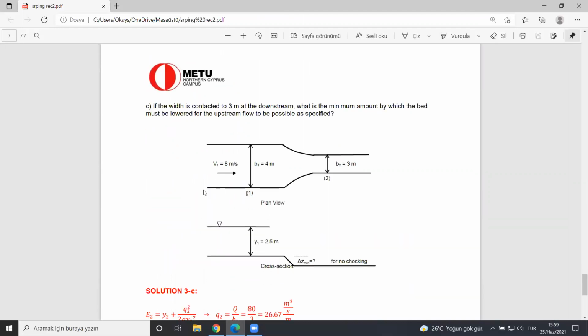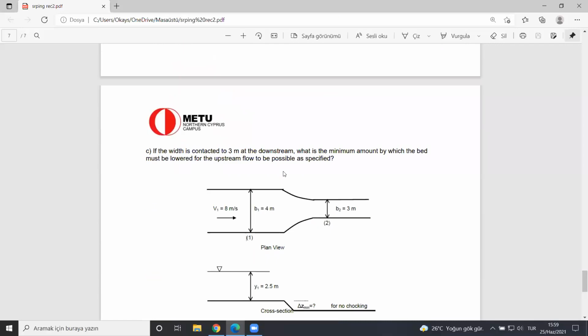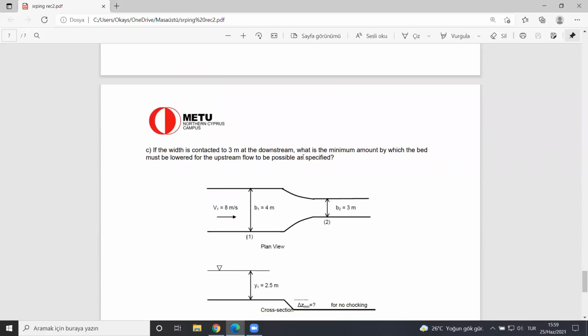And lastly, in part C, it says if the width is contracted to 3 meters, which is less than our minimum, what is the minimum amount by which the bed must be lowered for the upstream flow to be possible as specified?